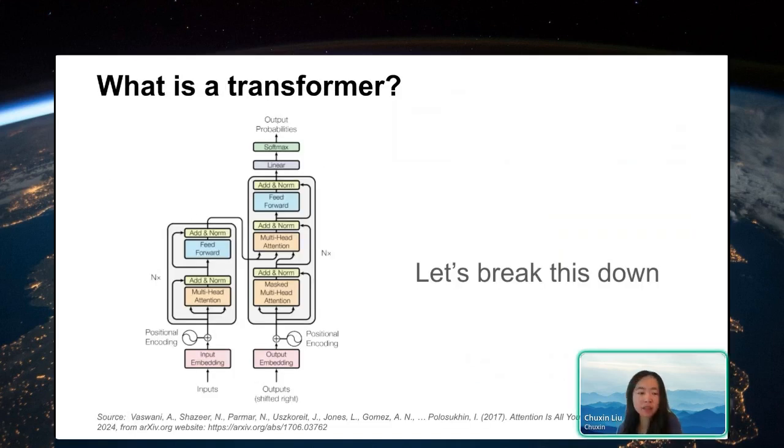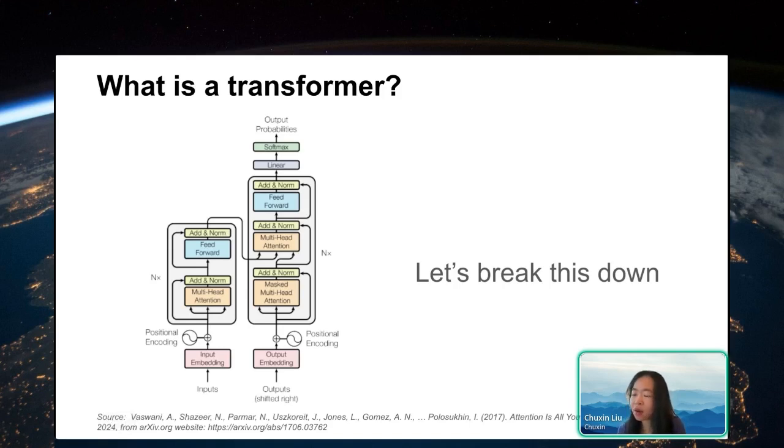Now let's break down what a transformer is. It is an architecture with two main parts. On the left-hand side is the encoder, and on the right-hand side is the decoder. Each part plays a crucial role in how a transformer processes information. It usually takes inputs that are large chunks of text. Imagine the whole internet of words.